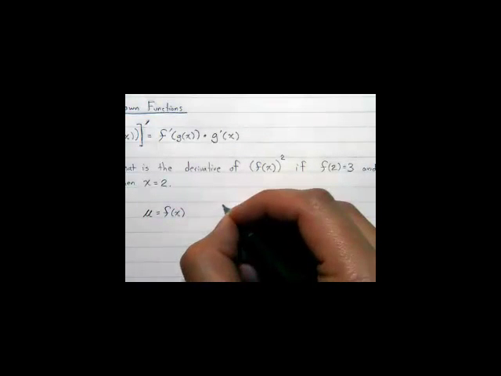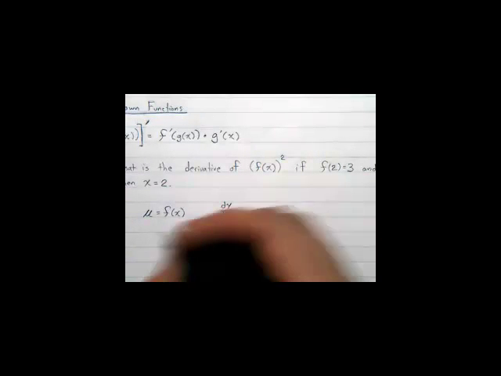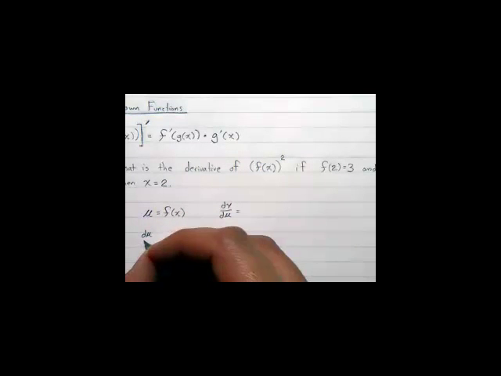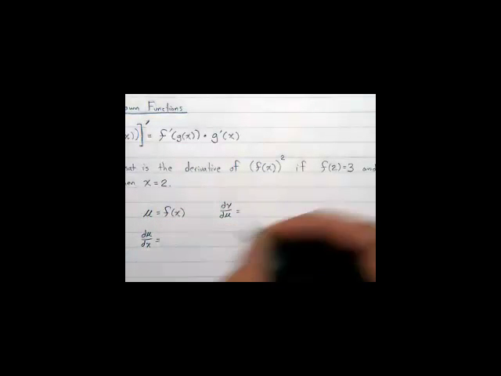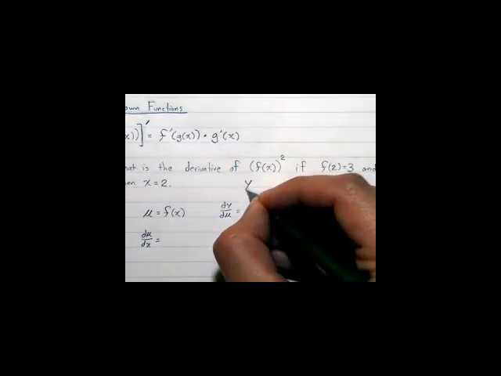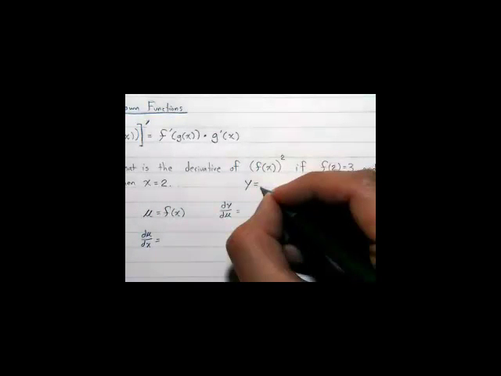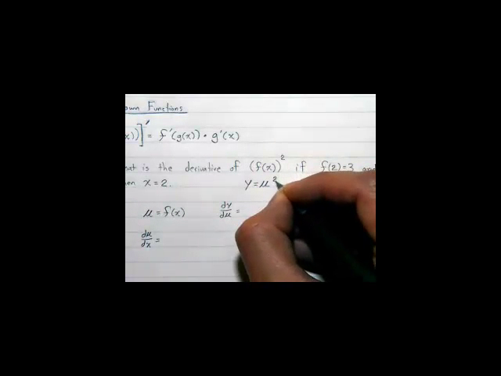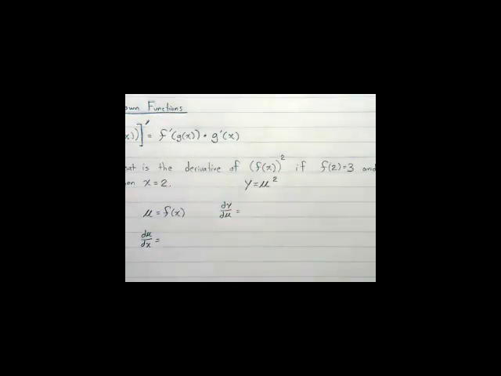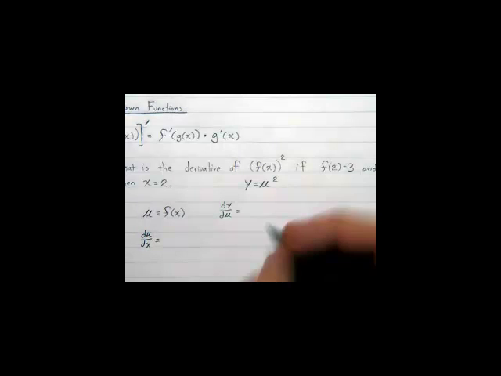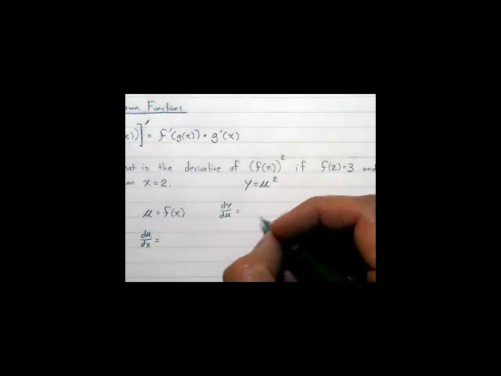And so then we're going to do our dy du, and we're going to do our du dx. Okay? And in this case, remember y, once I take that u out of there, is simply u squared now, right? So let's do these two little pieces then. So dy du would be what then? 2u.